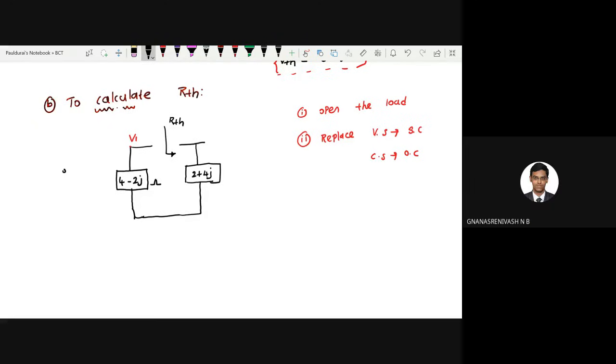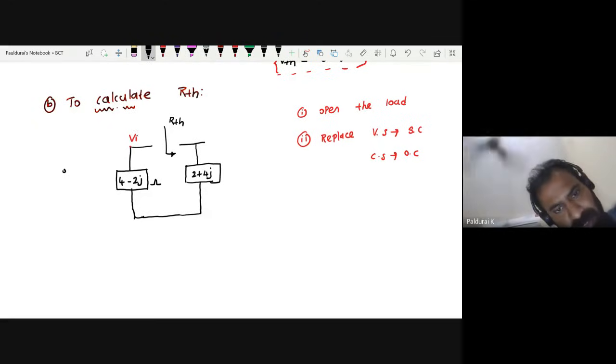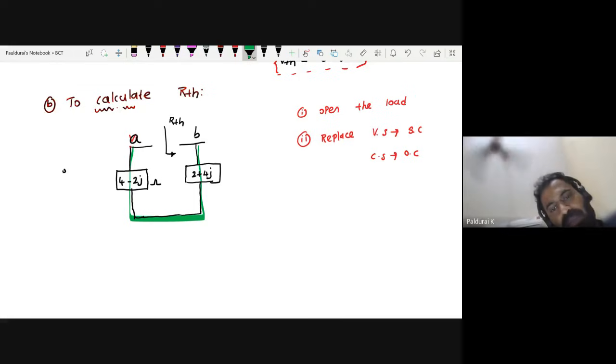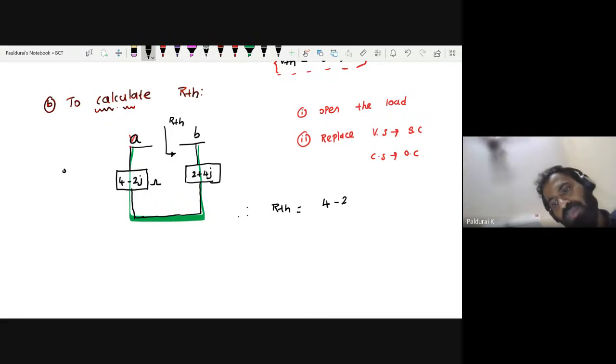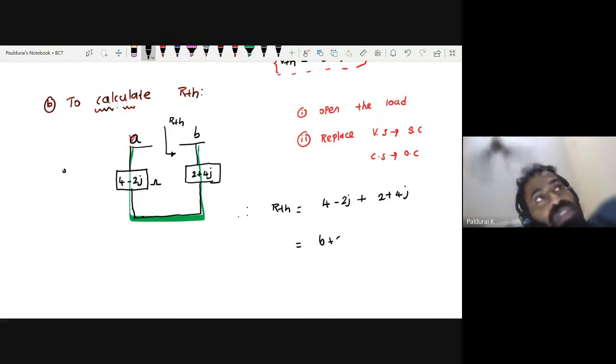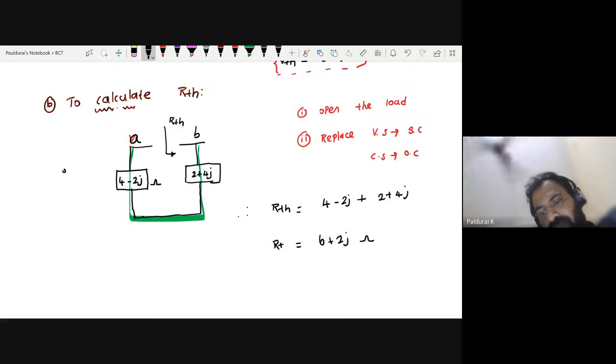Listen carefully. Series. This is A, this is B. Only one terminal is connected, right? So series. Therefore RTH equals 4 minus 2j in series with 2 plus 4j. So it is 6 plus 2j, correct? The unit is ohm. This is my RTH. That's it.